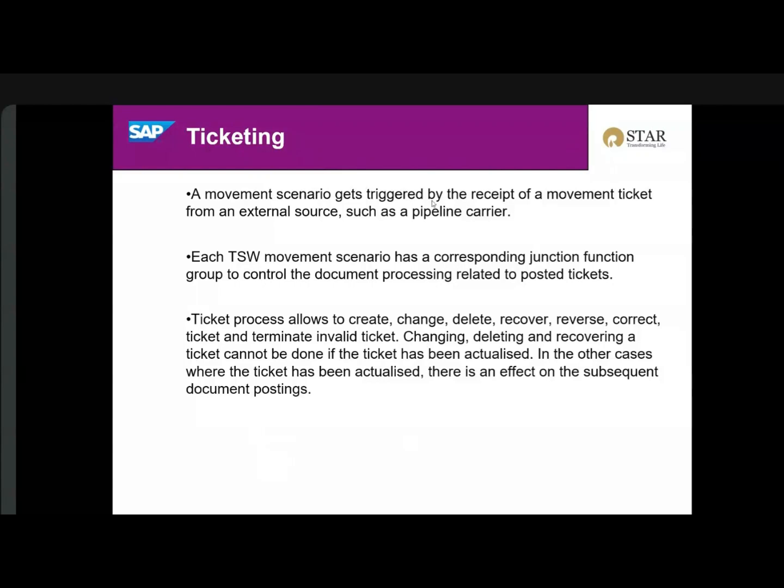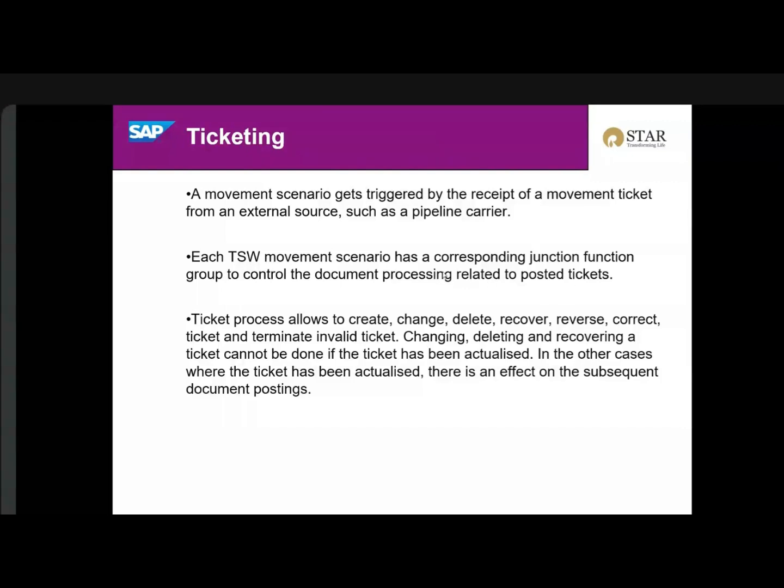Movement scenario gets triggered by the receipt of the movement ticket from the external source, such as a pipeline carrier. The movement scenario means the program which creates the subsequent documents that will be triggered while you do the actualization. Each TSW movement scenario has a corresponding junction function group to control document processing related to posting.